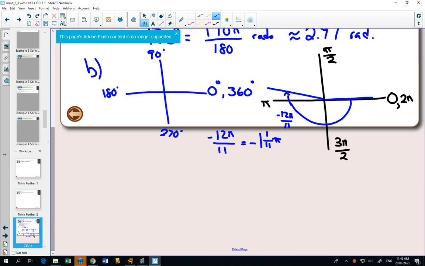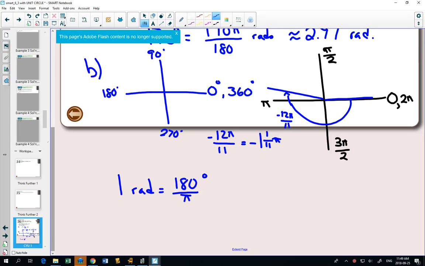So, I want to convert negative 12 pi over 11 radians to degrees. Two ways you could do this. You know that 1 radian is equal to 180 over pi degrees. Hey, what's 180 divided by 3? 60.